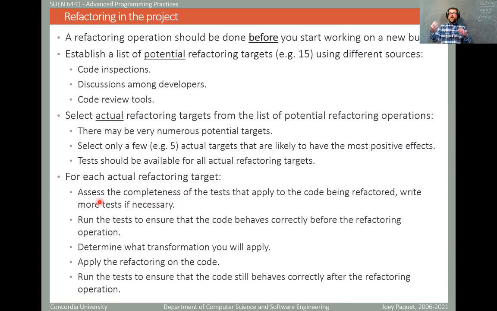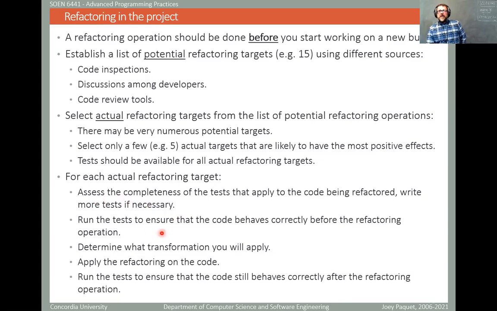Then you should identify the tests that are actually testing the methods that will be affected by the change in structure that you propose. If there are methods to be affected by the change that don't have tests, then before you do the refactoring, you have to write new tests so that you'll be able to test before as well as after the refactoring has been applied.